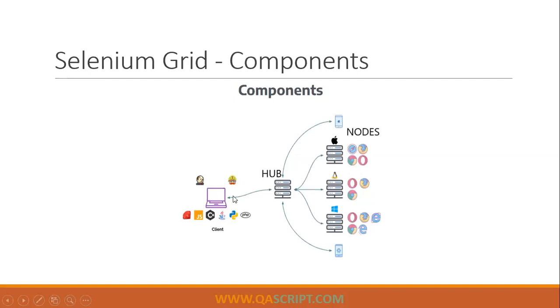Whenever the client passes any commands to the hub, they get executed on the respective node, which could be a mobile browser, a Linux browser, or a browser running on a Windows or Mac machine. It will execute on all the nodes in parallel in different threads. That's how your execution will be much faster and take less time across different nodes, machines, and browser configurations. So this is the whole architecture of Selenium Grid.